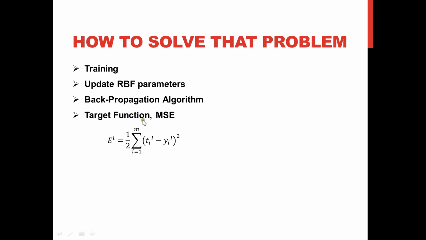The target function is the mean square error, which means this is the target and this is the output. Take target minus output, square it, and add them together, which is the accumulation of error, times 1 over 2. This 1 over 2 makes it easier to compute the derivative later on.